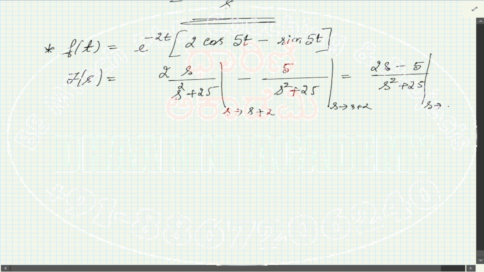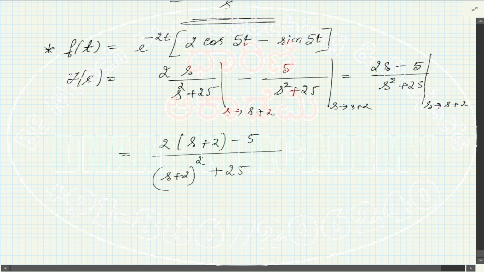S should be replaced by s plus 2, because the function actually has a multiplier e to the power minus 2t. So replacing now, this is 2 into s plus 2 minus 5 whole divided by s plus 2 the whole square plus 25.